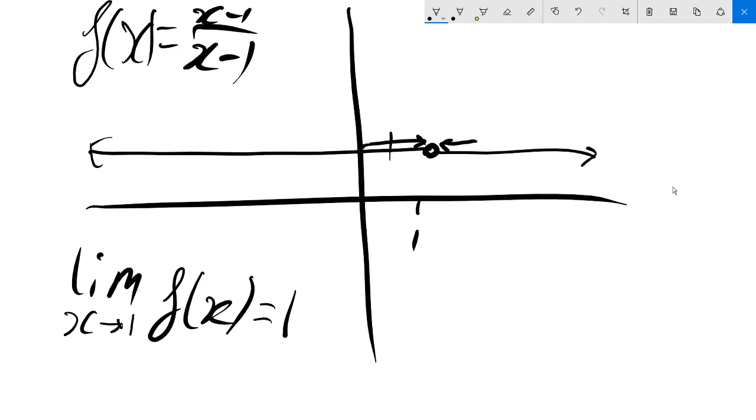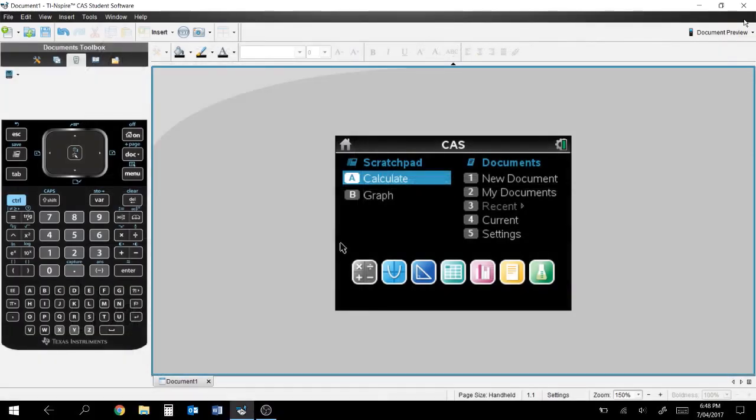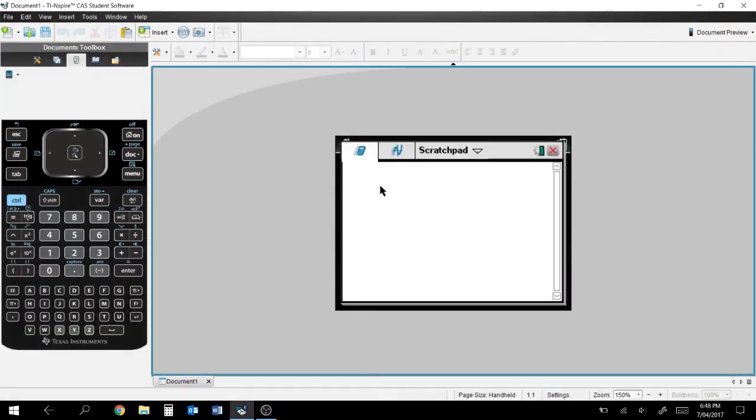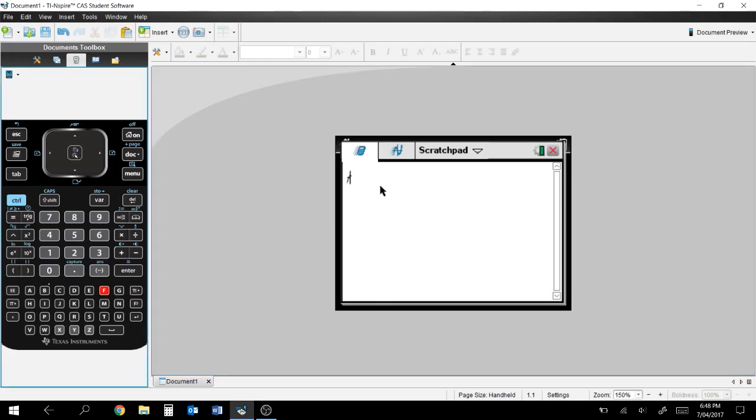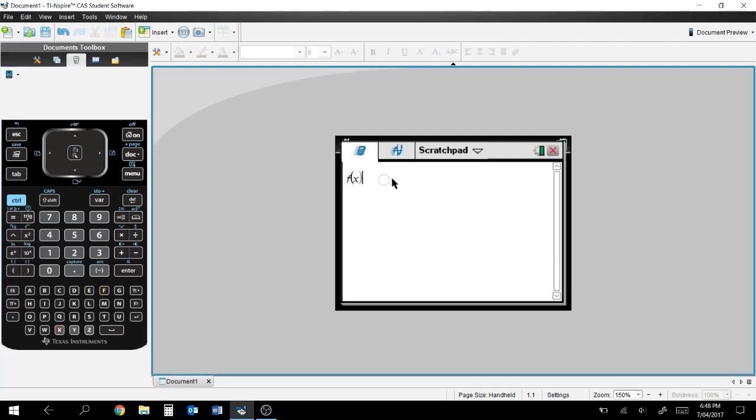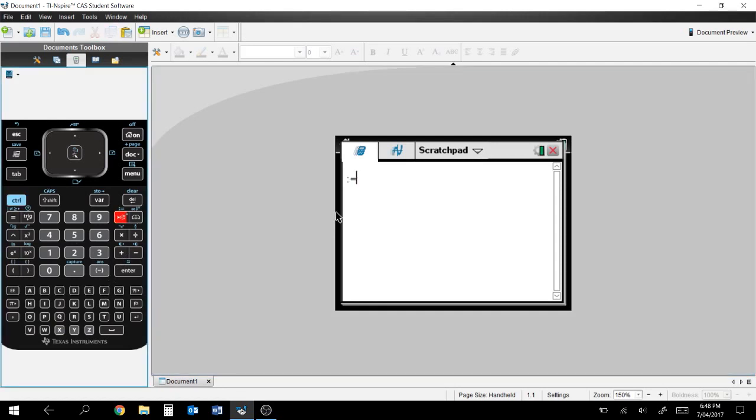And just to prove this, we can go to our trusty CAS, quickly calculate, and define a function. F of x.